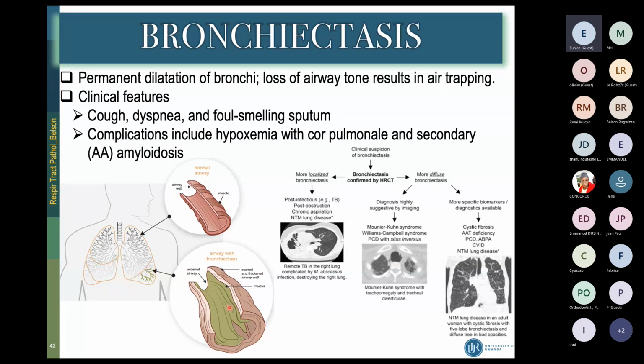So when you will suspect bronchiectasis, here we have pictures. Here we have CT scan pictures to show you. Of course, I cannot say that as a general practitioner you can diagnose this. You can suspect, but you cannot maybe interpret this unless you have further training. But there are some diseases which can cause bronchiectasis.